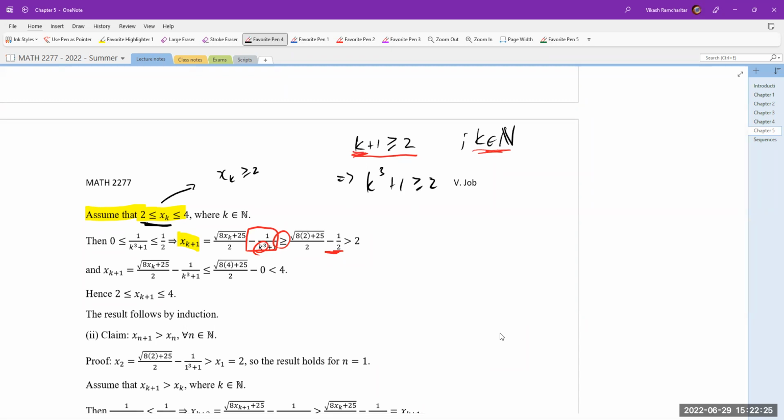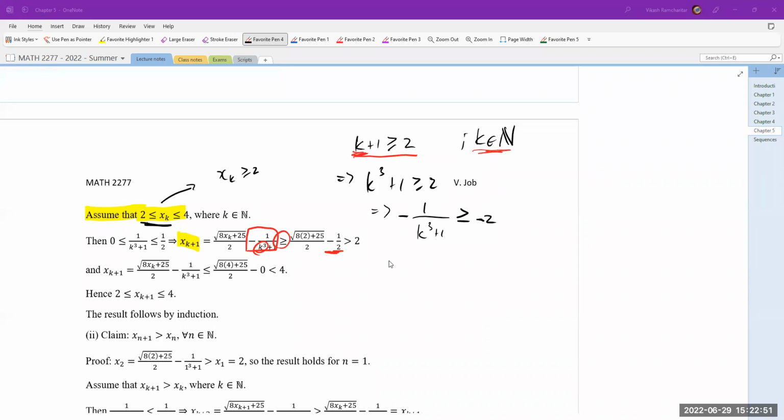It'll be the same thing. And again, you just flip both sides to get that 1 over k cubed plus 1 is less than or equal to 1 over 2. You multiply through by a minus sign and you flip here. So it's not difficult to see how to build these things. All you need to do is remember that this k is a natural number.